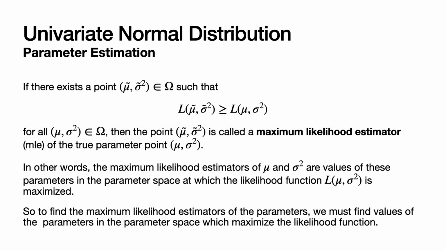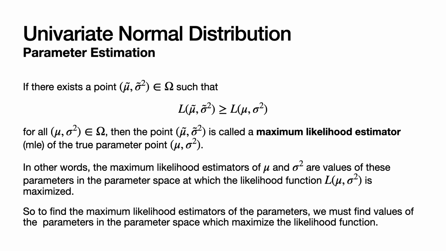Now, if there exists a point in the parameter space, and we're going to denote this point by the ordered pair mu tilde and sigma squared tilde, such that the likelihood function cap L evaluated at that point, mu tilde comma sigma squared tilde, is greater than or equal to the likelihood function cap L evaluated at mu comma sigma squared for all such points, mu comma sigma squared in the parameter space, then this point, mu tilde comma sigma squared tilde, is called a maximum likelihood estimator, or MLE, of the true parameter point, mu comma sigma squared.